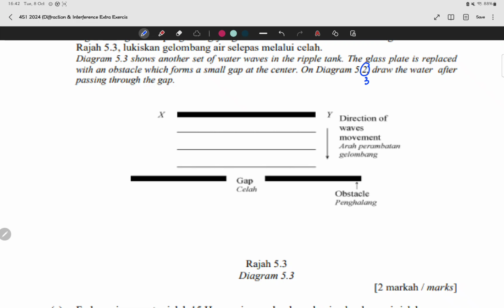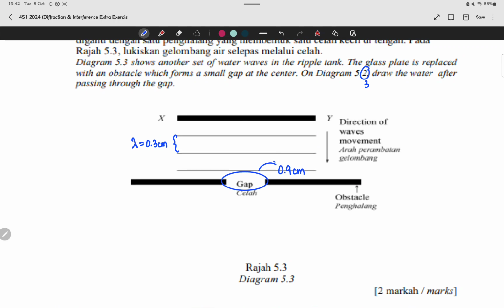So if you take your ruler, you measure, and you will find that your wavelength is 0.3 cm, approximately. And then you will find that your gap here is 0.9 cm. Okay, so what does this tell you?